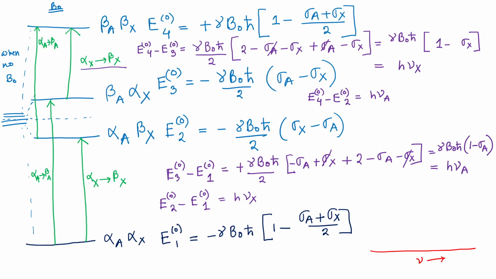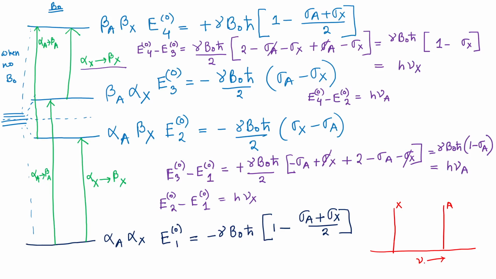Sigma A is smaller than sigma X, right? Yes. So h nu A is going to be higher, so this side should be A, right? If nu is going that side, for A you are going to see here, and X you are going to see here.